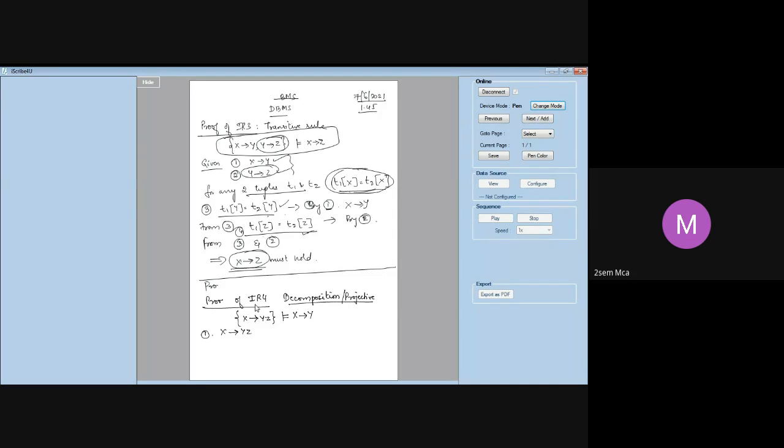Any step that you can apply? Any answer on how we can proceed? Anybody? No one.